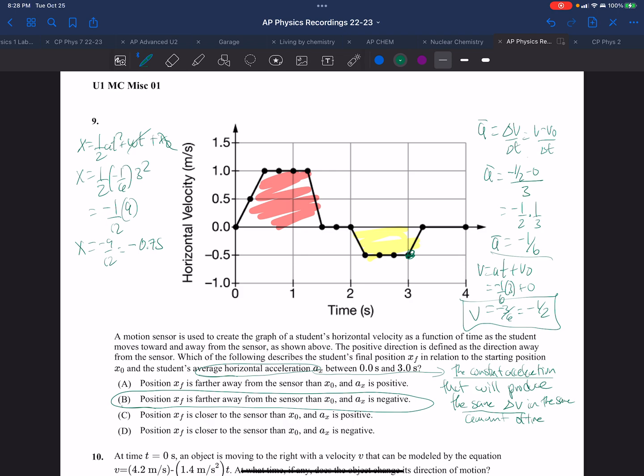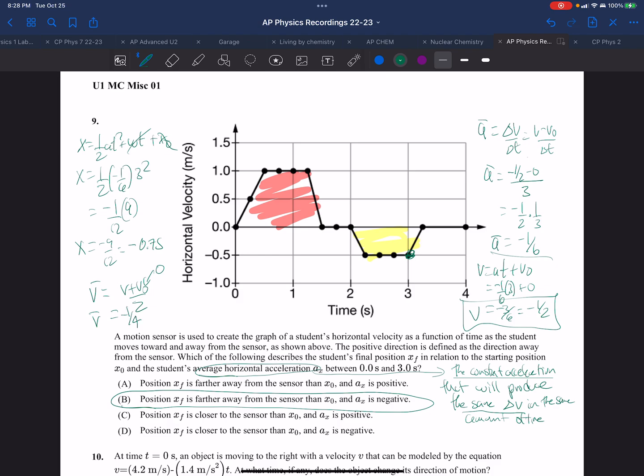Moreover, if we were to calculate the average velocity, this being 0, our average velocity would be this final velocity over 2. So our average velocity would be minus 1/4.